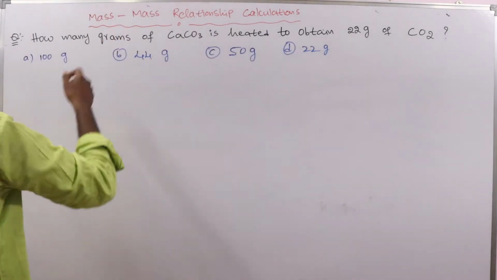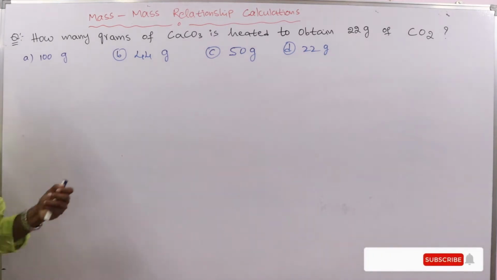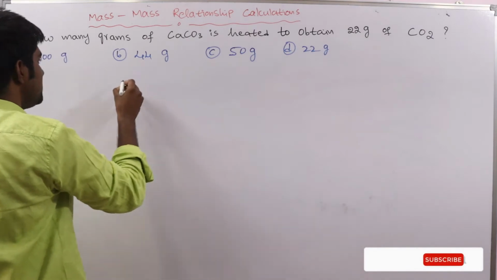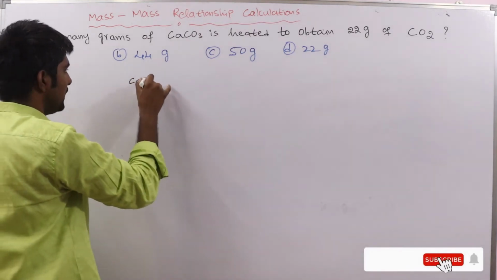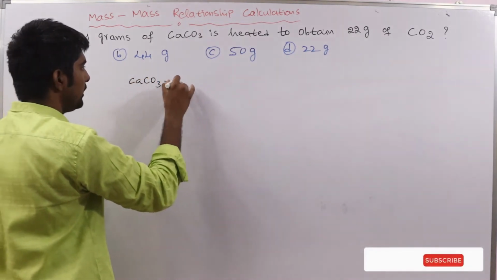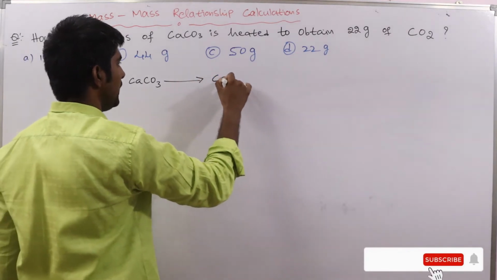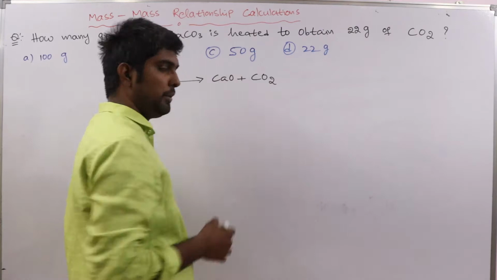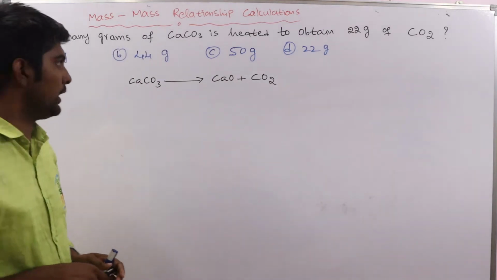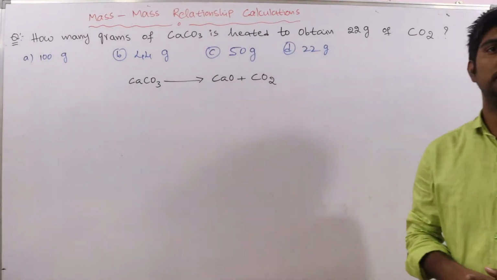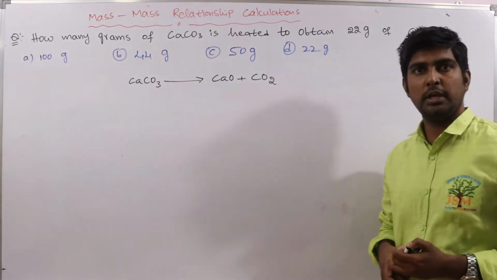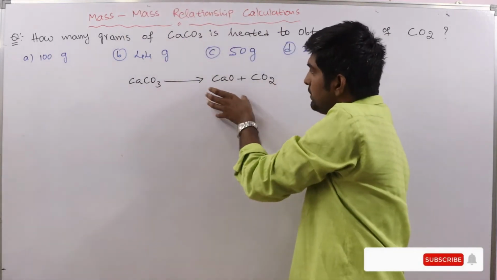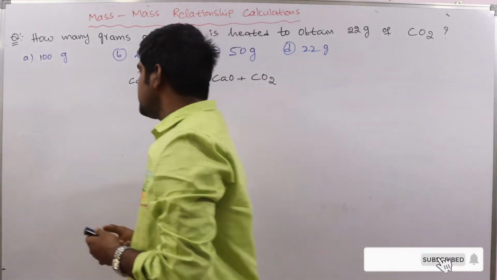So this is one of the most important and commonly used reactions. When calcium carbonate is heated, we get calcium oxide plus carbon dioxide. Remember this reaction, very important. Many times questions are asked related to this equation. So when calcium carbonate is heated, this will give calcium oxide plus CO2.